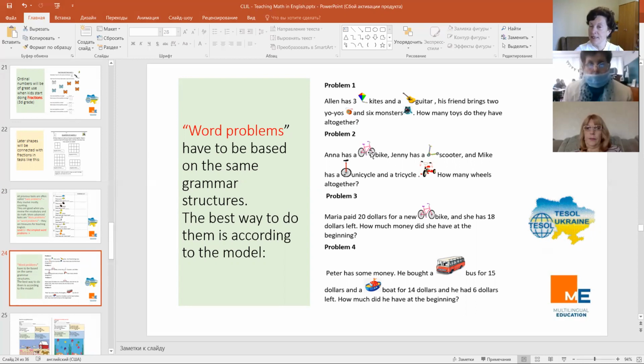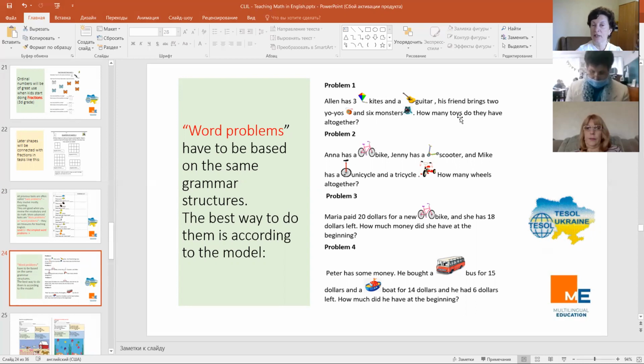It is easy, but you see that what we practice here, when we see kites, guitar, yo-yos, monsters, they all are toys. And this is very important because toys is the name of the topic. Toys is the name of the category.